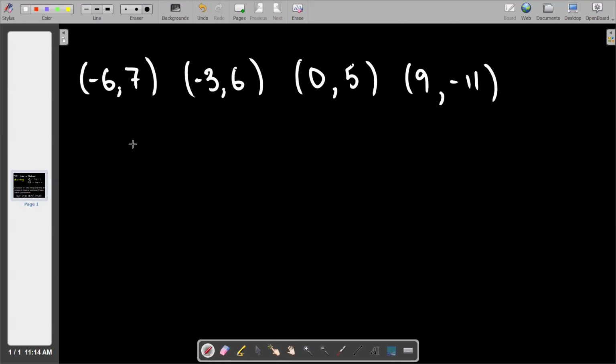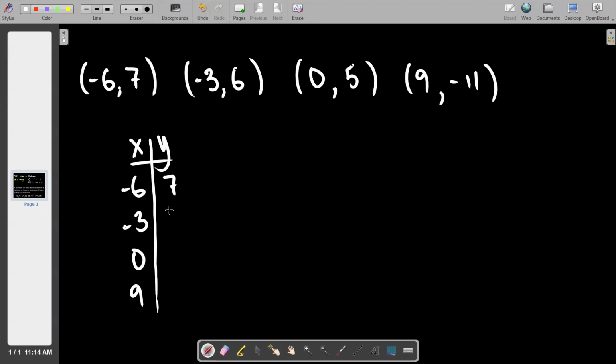So we're going to do X's on the left, Y's on the right. And what numbers are going to go down the left-hand side? 6, -3, 0, 9. Nice. And then down the right-hand side? 7, 6, 5, -. So now we're going to find the rate of change for every consecutive pair of points.